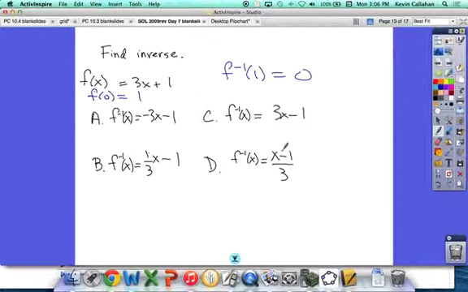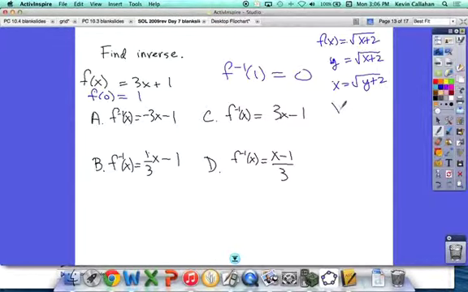If somehow it doesn't come up with the cleanest answers, for example, something that has a radical. F of x equals the square root of x plus 2. If we were going to find the inverse of that, I would put the y first, then I would switch the x and the y.